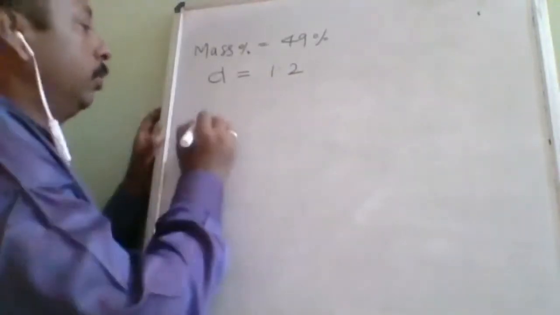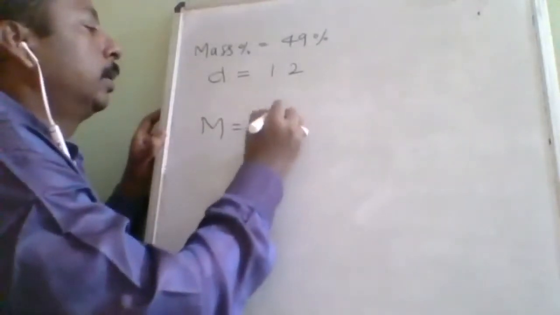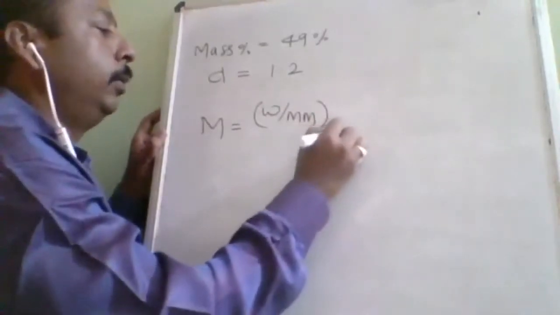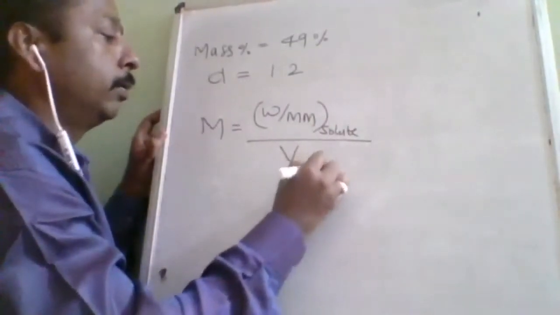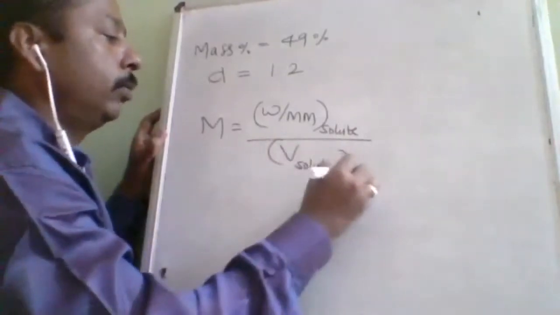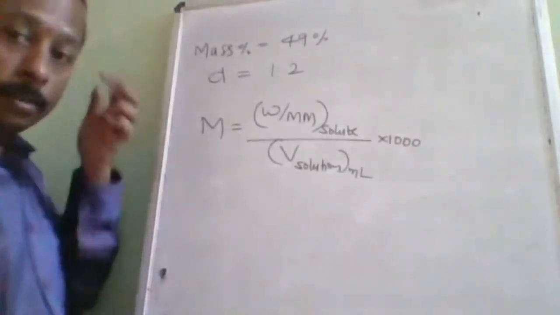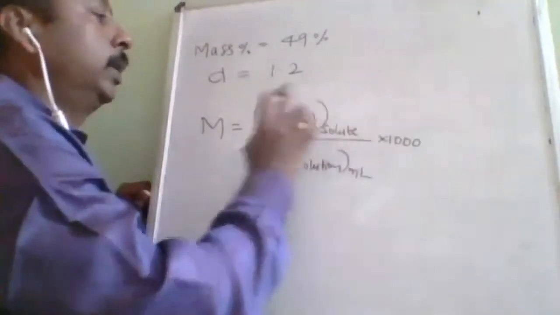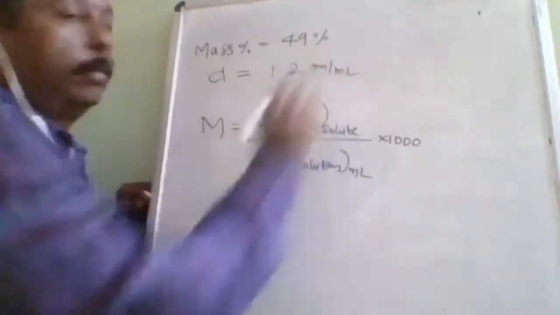Molarity is equal to mass of solute upon molecular mass of solute, divided by volume of solution. Here the volume is in milliliter, so I will multiply it with 1000, because density is normally gram per milliliter.